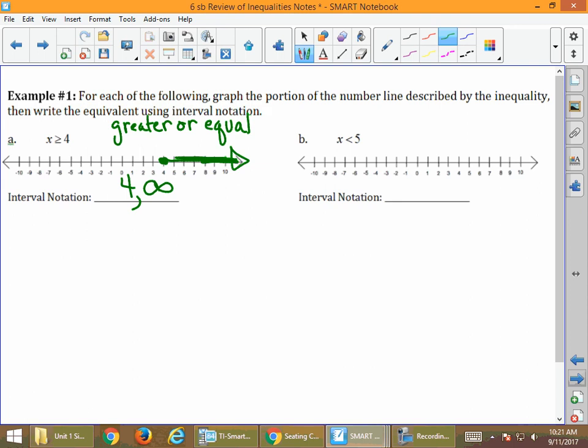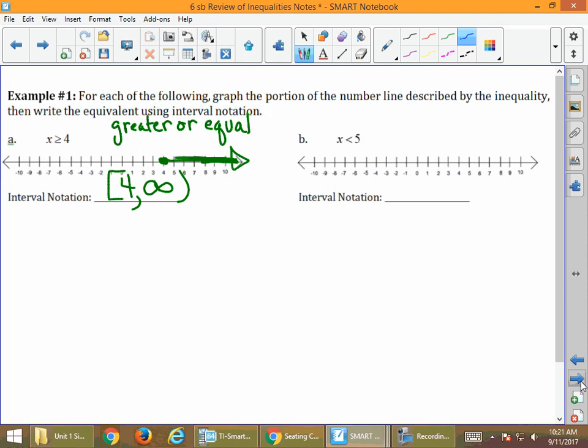Remember that infinity always has a parenthesis. Because the 4 is filled in, or because it's greater than or equal to, we will have a square bracket around the 4. That's interval notation. Interval notation sometimes looks like an ordered pair.